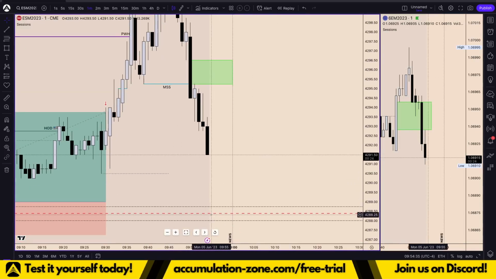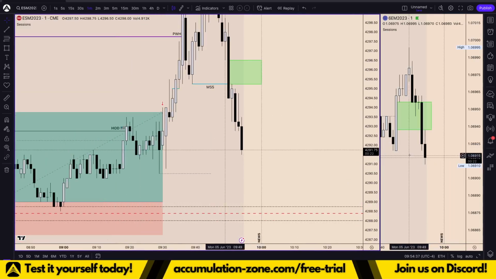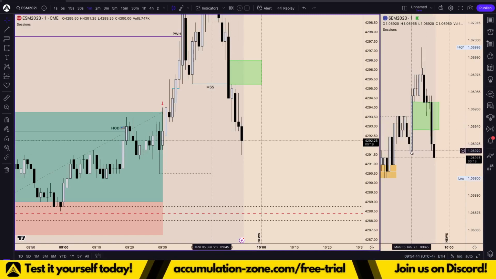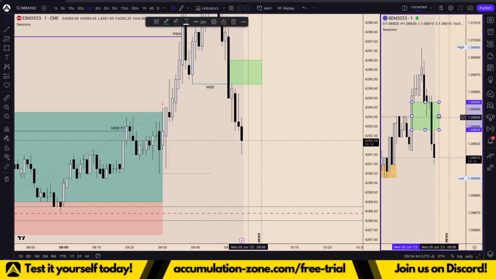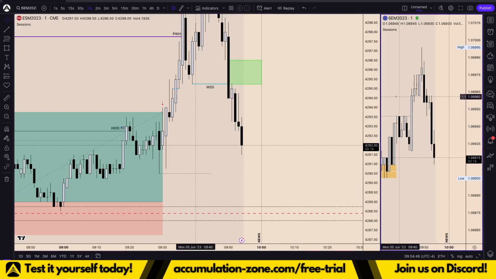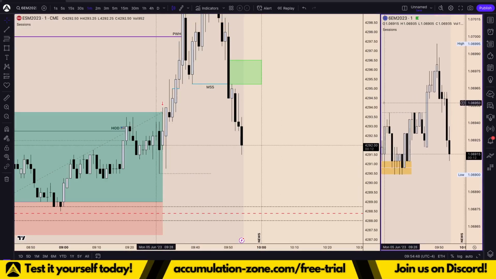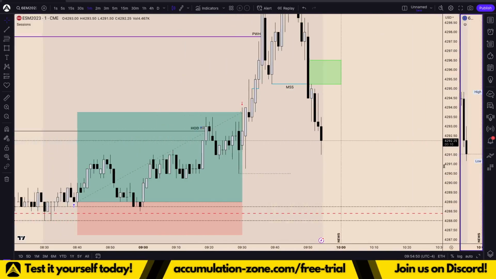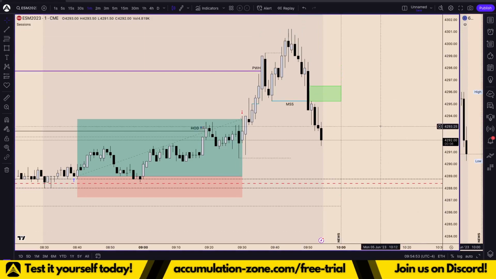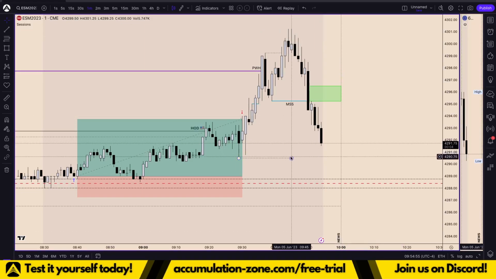Target would be the new week opening gap again. So we extended away from it. Also right here, we could not hold this fair value gap. We now shifted market structure, but we didn't take out the high of the day on EU. So yeah, I could pretty much close this chart. Just going to watch ES now and see what it's going to do.